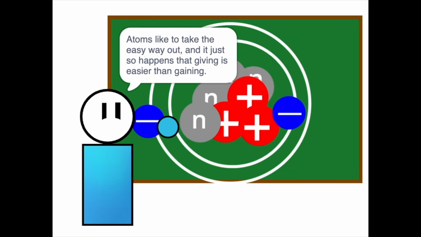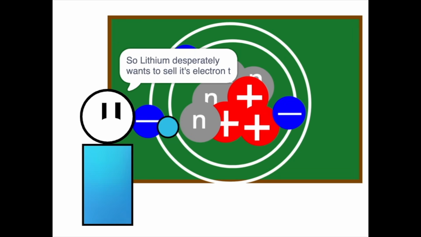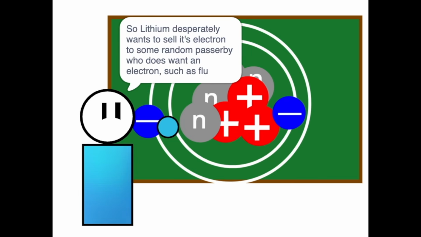Atoms like to take the easy way out, and it just so happens that giving is easier than gaining. So lithium desperately wants to sell its electron to some random passerby who does want an electron, such as fluorine.